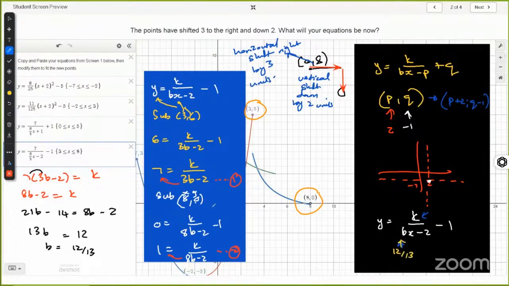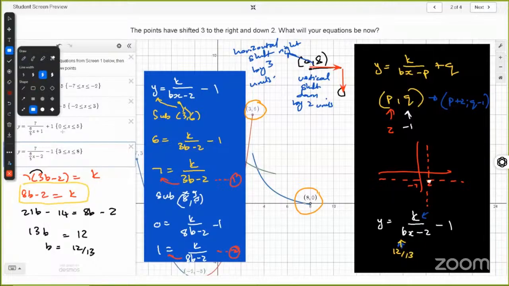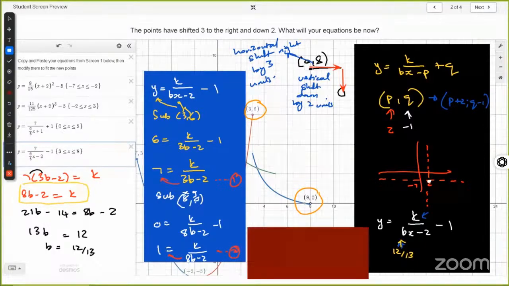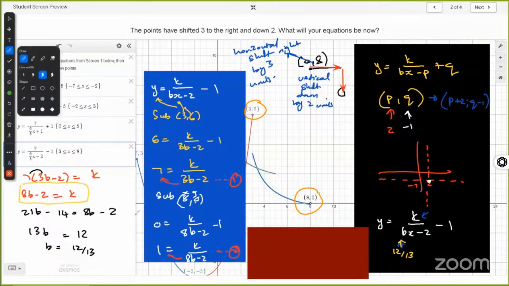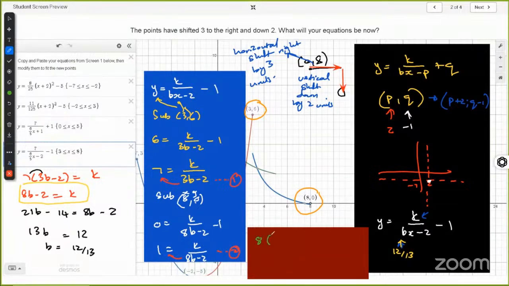So that's going to be 12 over 13, which will go into b. And now to find k, I just got to use one of these equations. And my ability to solve simultaneous equations as well, very important. And I then substituted in this.